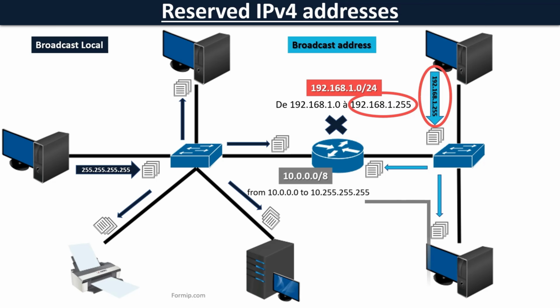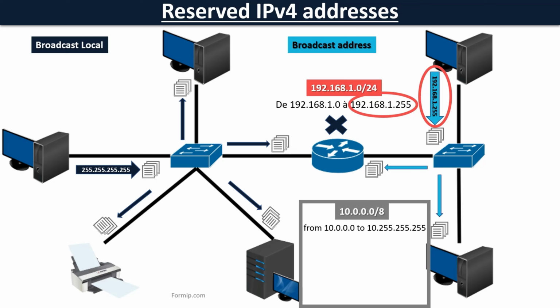Now imagine that we would use the network of class A, for example 10.0.0.0 with a default mask /8. The broadcast address would therefore be 10.255.255.255. If all addresses of this class are used, it would mean that a ping of the broadcast address would receive a response from over 16 million hosts.